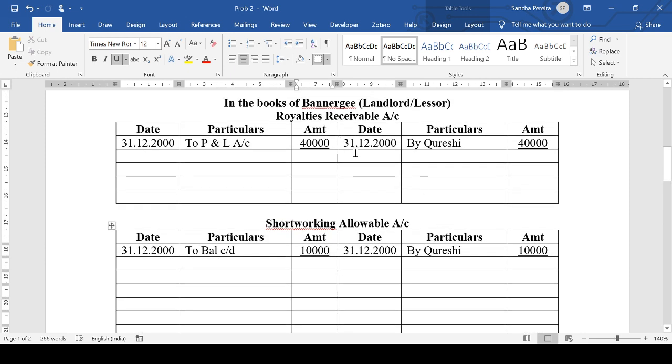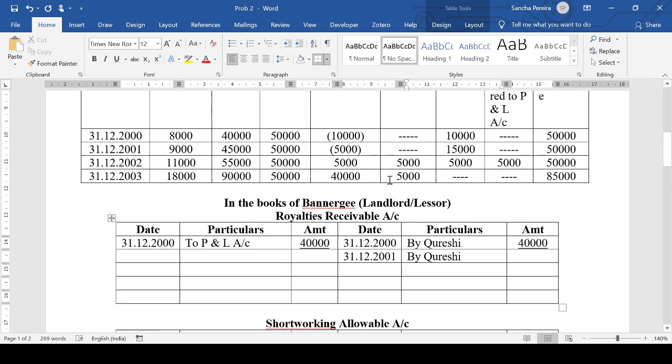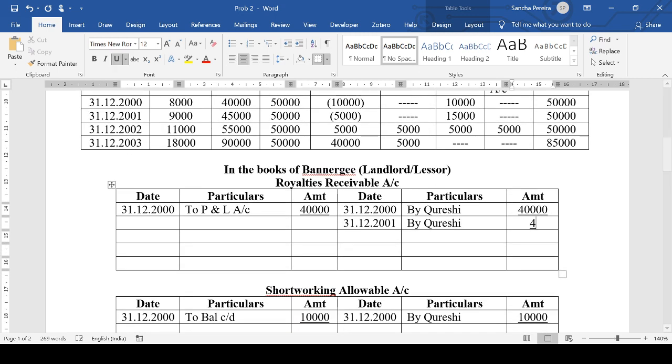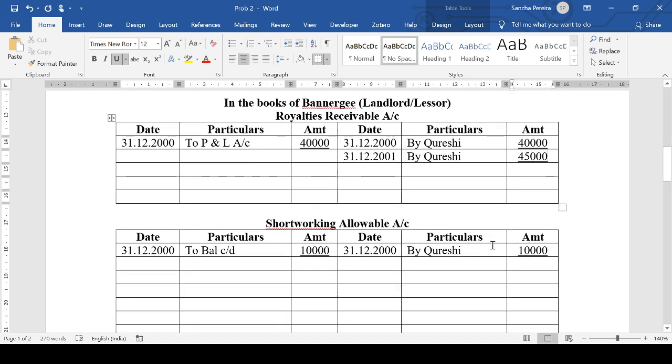So in royalties receivable, we will have 31st December 2001 by Qureshi 45,000. Bring down the balance here.